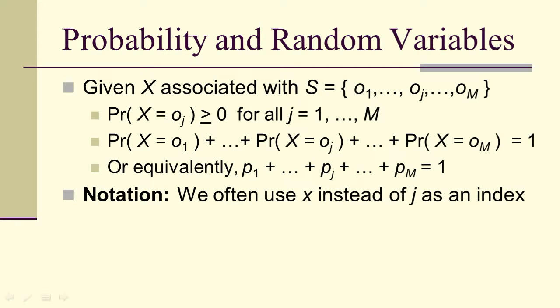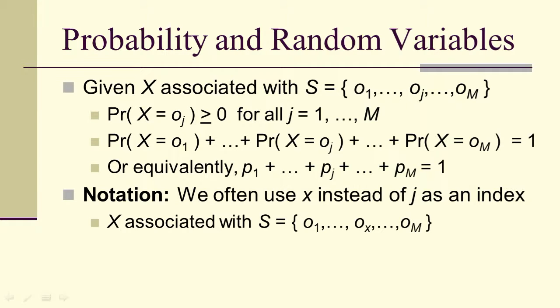Now, we use capital X for the variable, and a lot of times we do that so we can use the lowercase x as the index instead of j. So capital X would be associated with S, which is O sub 1 up to O sub lowercase x up to O sub m.